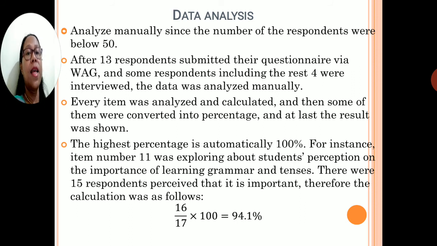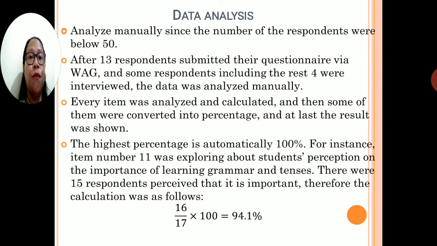For instance, item number 11 was exploring students' perception on the importance of learning grammar and tenses, right? There were 15 respondents who perceived that it is important. Therefore, the calculation was as follows. As you can see in my slide, I calculated just like this.